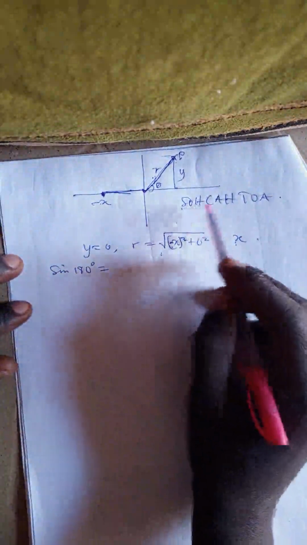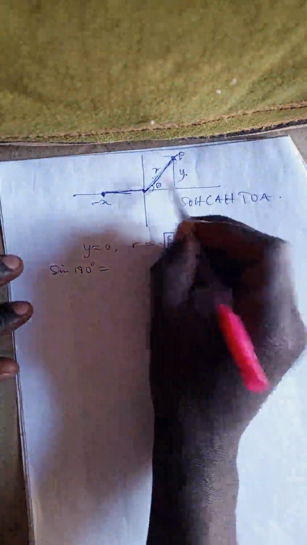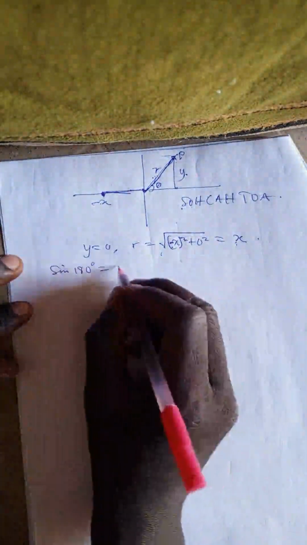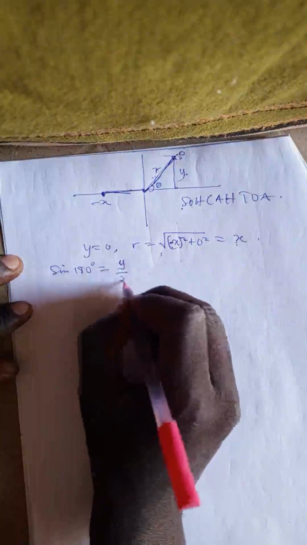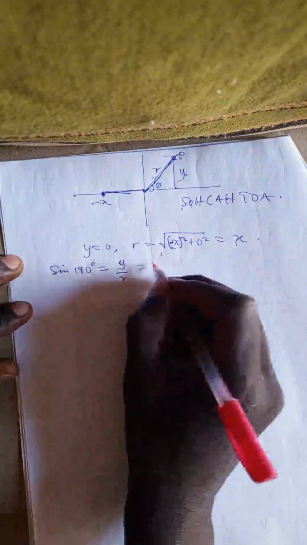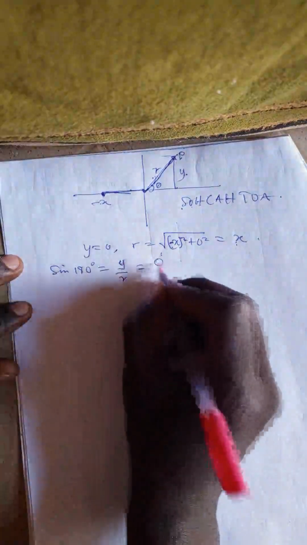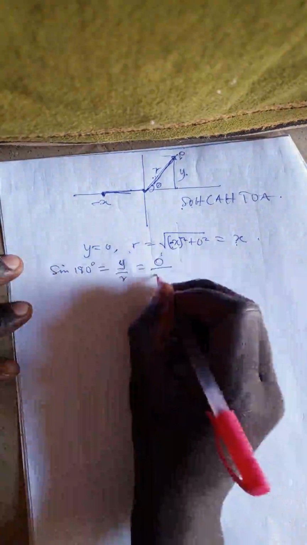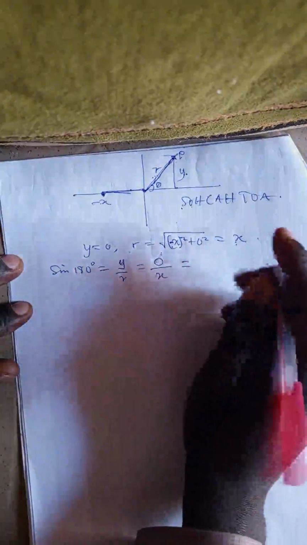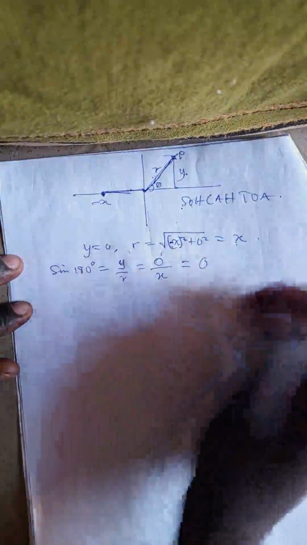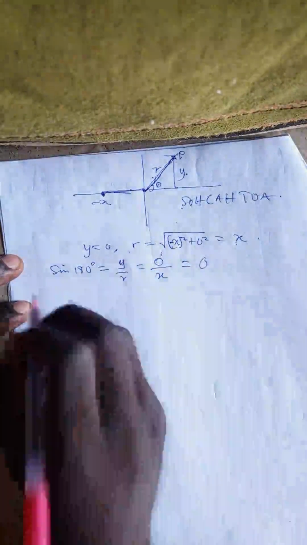Sine is equal to opposite over hypotenuse, so this is equal to y over r. But y is equal to 0 here, so we have 0 over r. What is r? r is equal to x. So when 0 is divided by any number, the answer is still 0. So you see sine 180 is equal to 0.